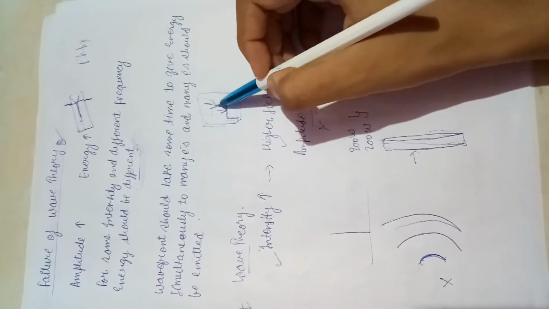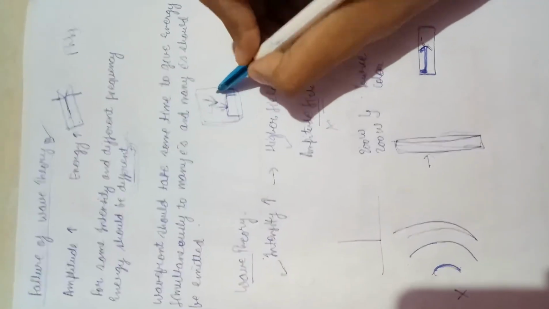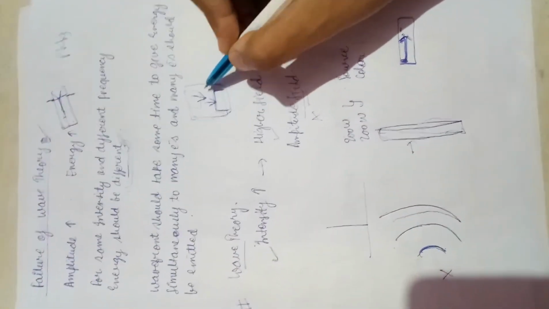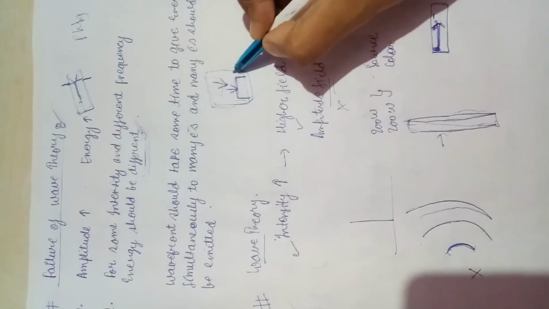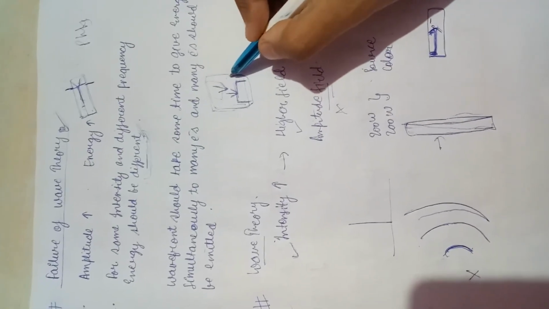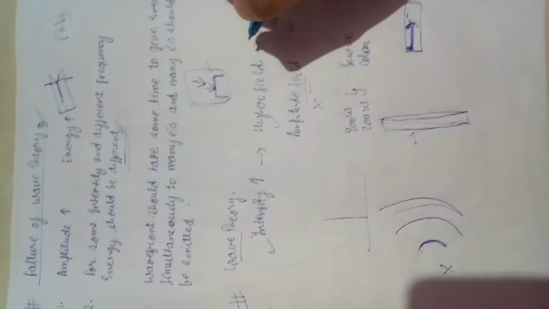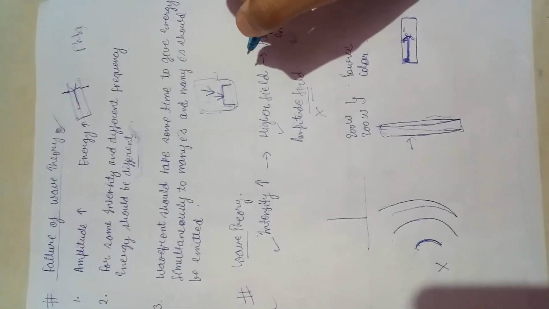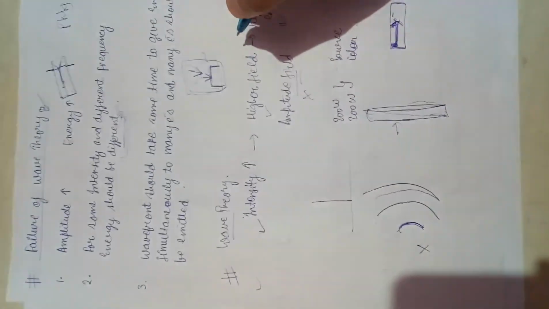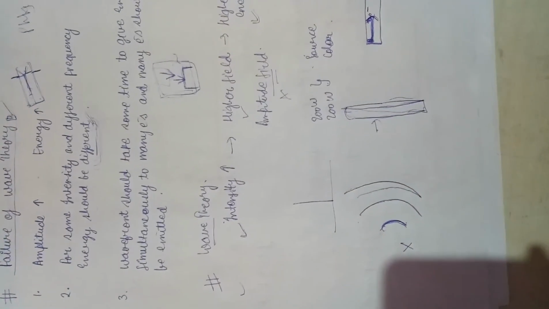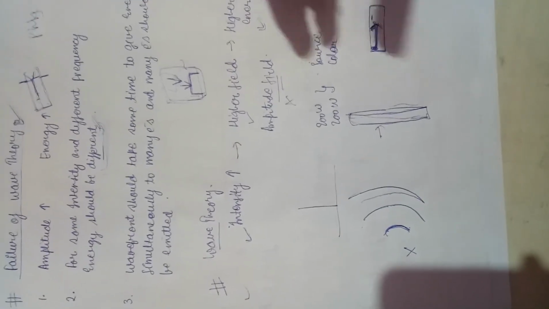This is why the wave nature was inadequate to explain the material nature of the wave. So I think this was all about the photoelectric effect and the failure of wave theory for it. Thank you.